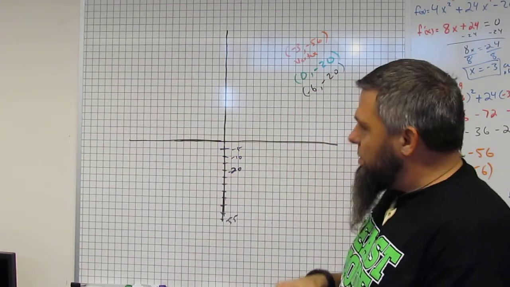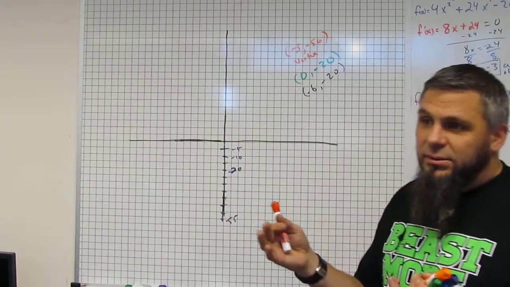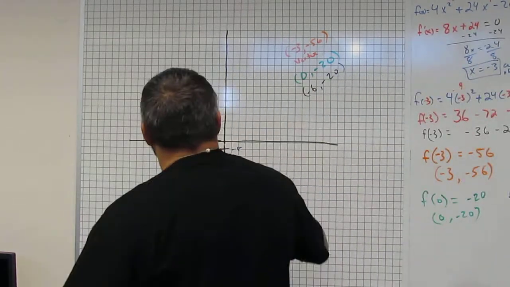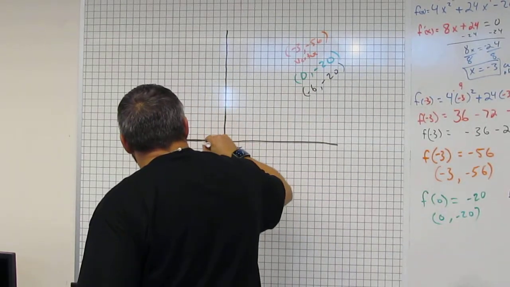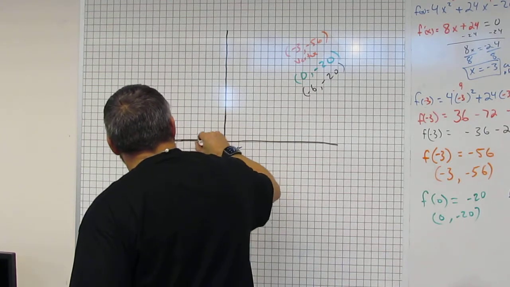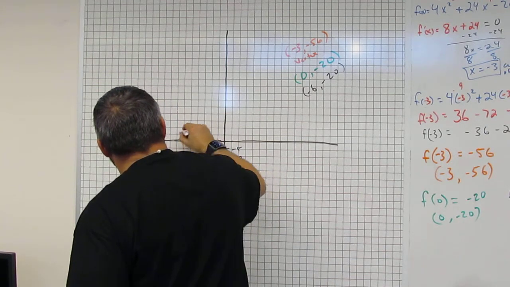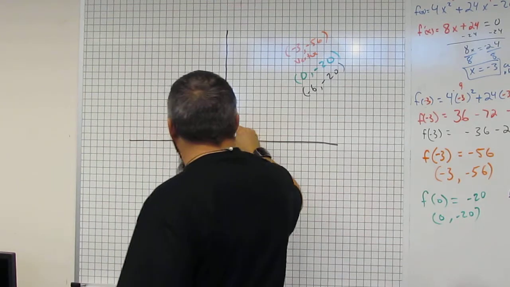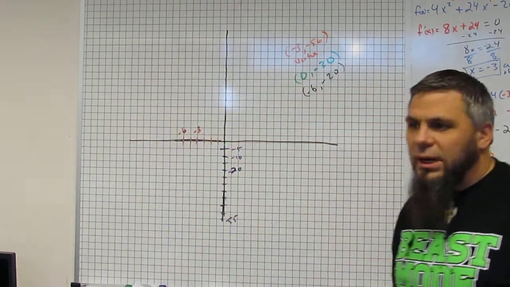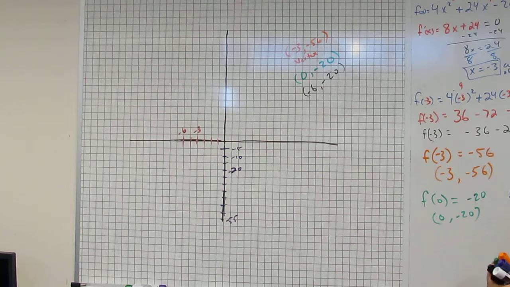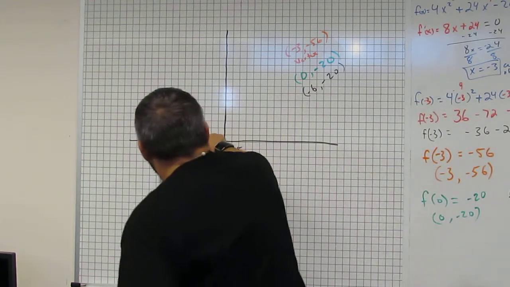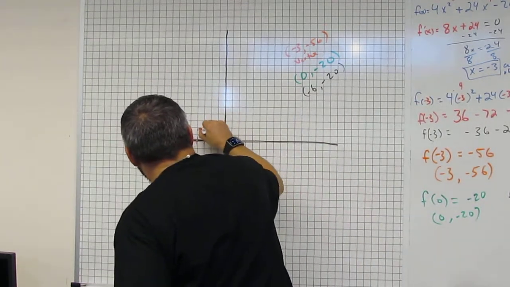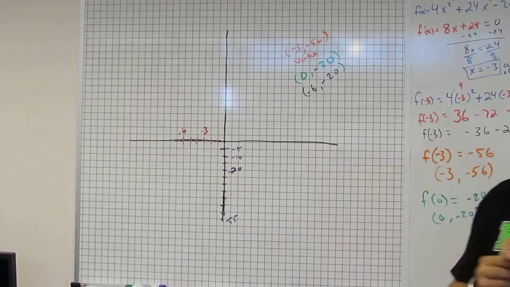No. So I'm going to keep that as 1s. And so I'll have negative 1, negative 2, negative 3, negative 4, negative 5, negative 6. All I care about, again, is negative 6, negative 3, and of course, 0, right?